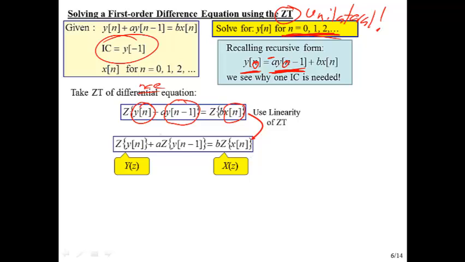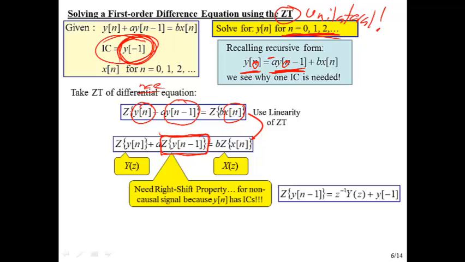But the question now is, what is this? Notice that we have some value sitting over here at minus 1. So this is a right shift of a non-causal signal, and therefore we need the right shift property for non-causal signals.